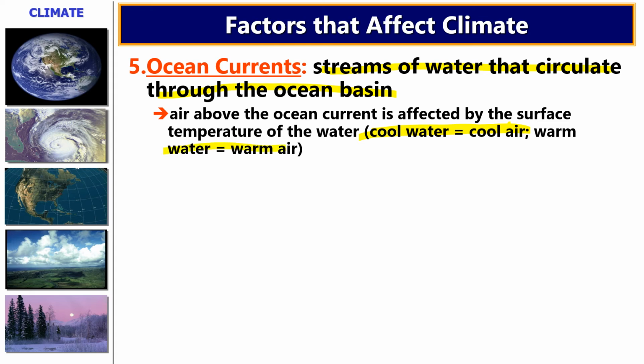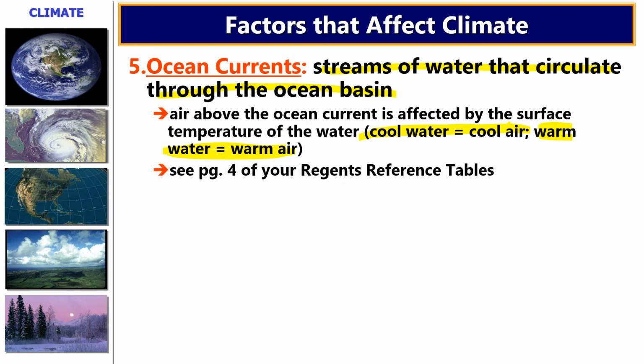If you're near warm water or a warm current, it will warm your air. So this is why the west coast of the United States tends to be a little bit cooler than the east coast of the United States. We have a much colder current going by the west coast. We have a much warmer current going by the east coast.